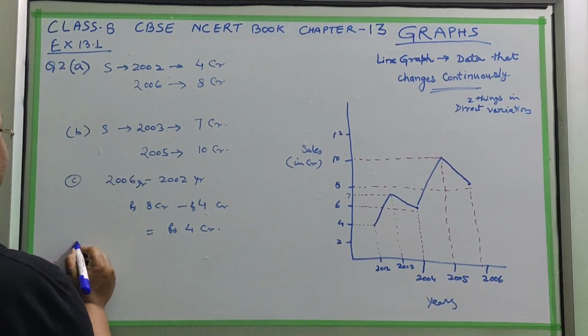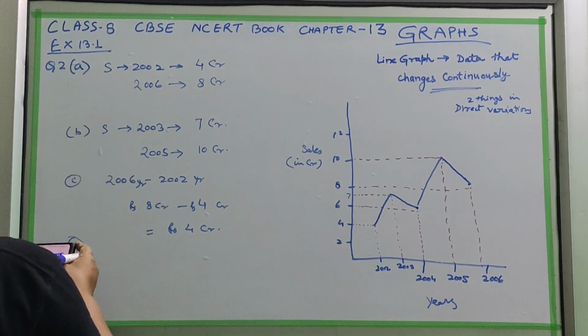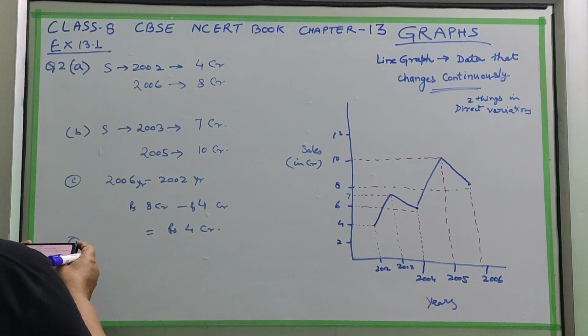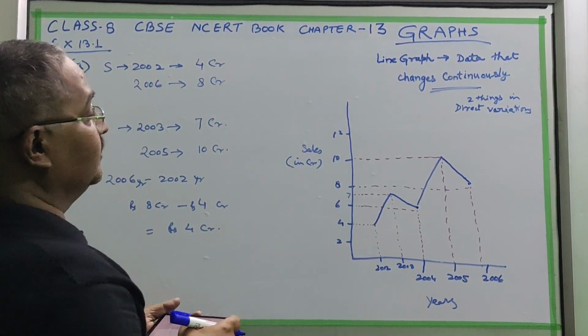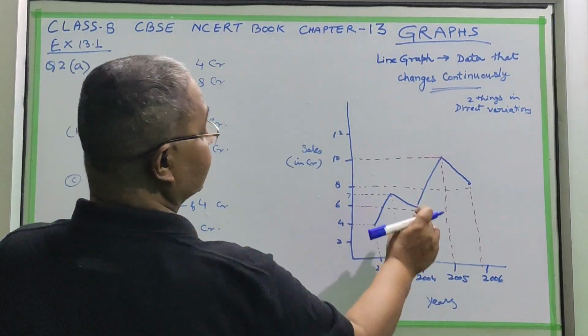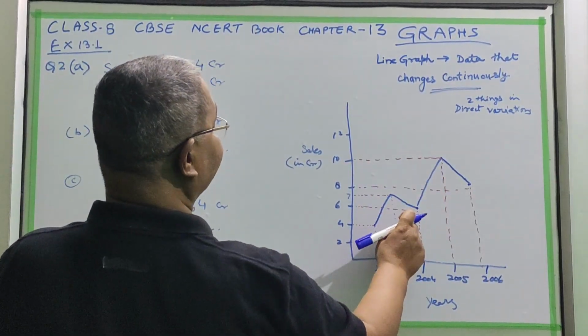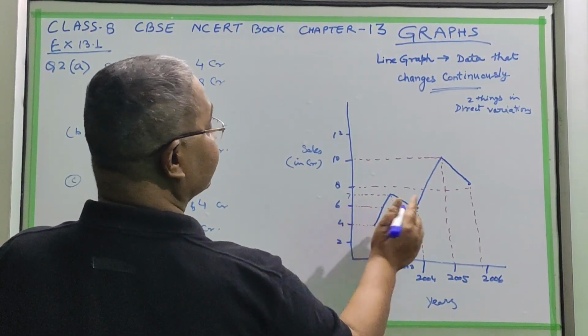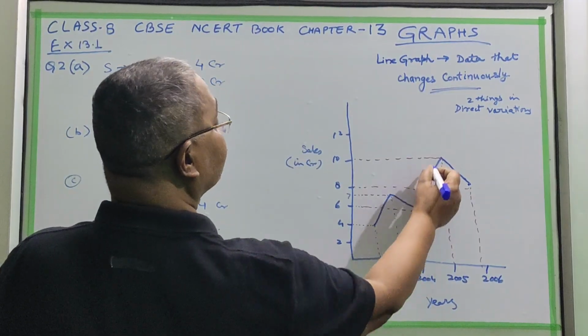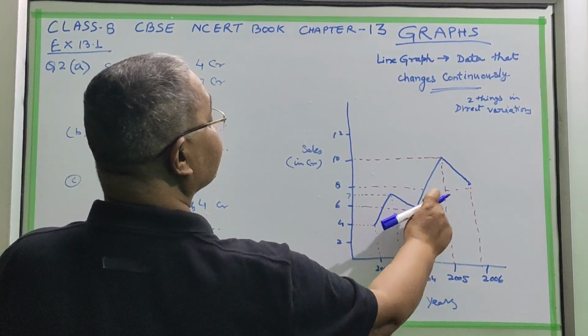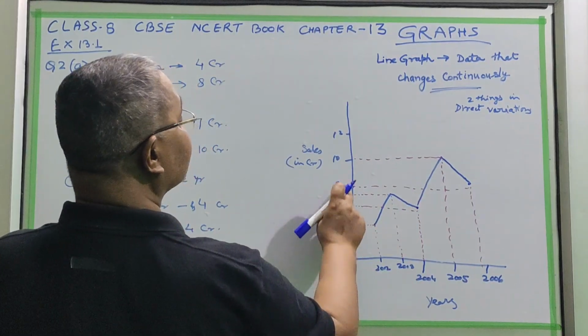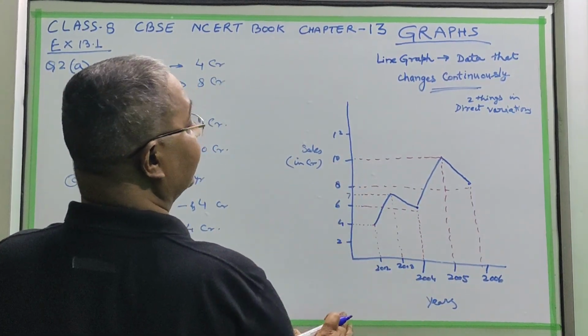Now sub question D. In which year was there the greatest difference between the sales as compared to the previous year? Here in the graph, the graph goes very high, from the 6 point to the 10 point. Means the 2004 and 2005 gap is too much. 6 to 10 means 4 crore was the increase.